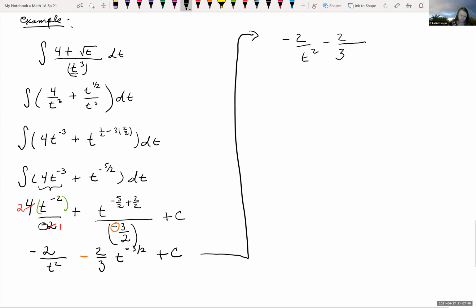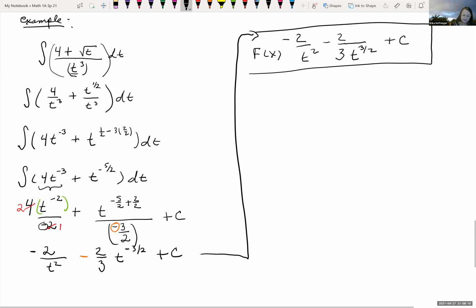We could, if we wanted to, go ahead and rewrite it so that it's a single fraction, but I don't think that that's going to help us. So let's just leave it like this. We can use the radical because that one had a radical. So t to the 3/2 is the same thing as square root of t cubed.